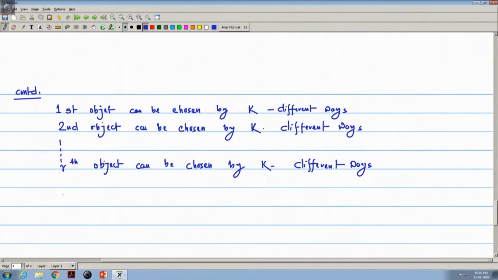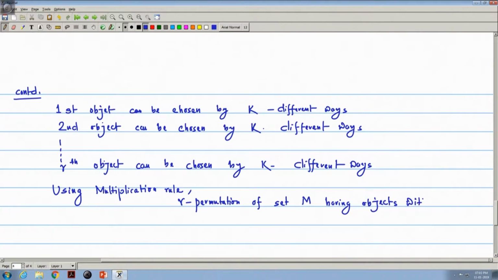So, using the multiplication rule, I can tell that the R permutation of set M having objects with infinite repetition is equal to k into k into k, r times.